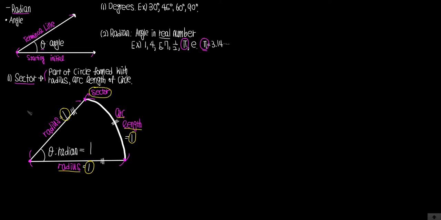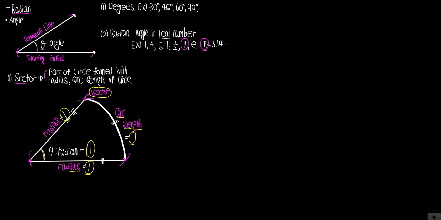So again, this will happen when the radius of our sector is 1 and the arc length of our sector is 1. Then the radian, which is the angle formed between those two lengths, we define as a positive 1.